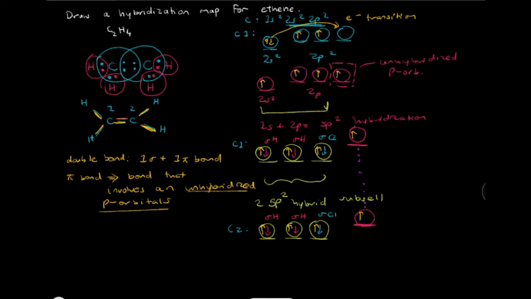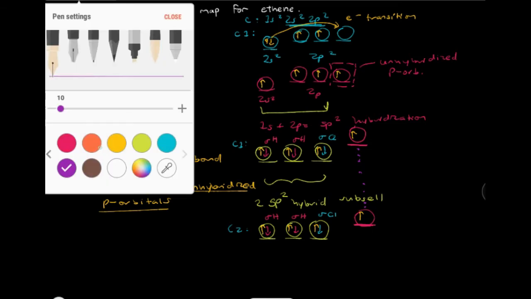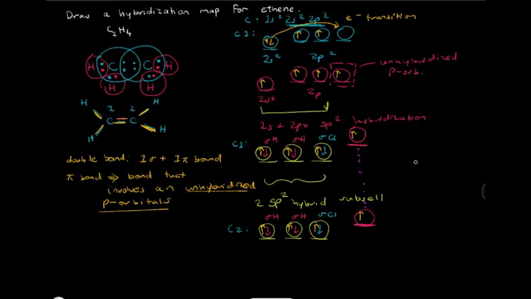That's what it will look like using the orbital diagram, but let's take a look at drawing the hybridization map of this. We're basically fusing an s orbital with a p orbital, and you should get an sp2 hybrid orbital.